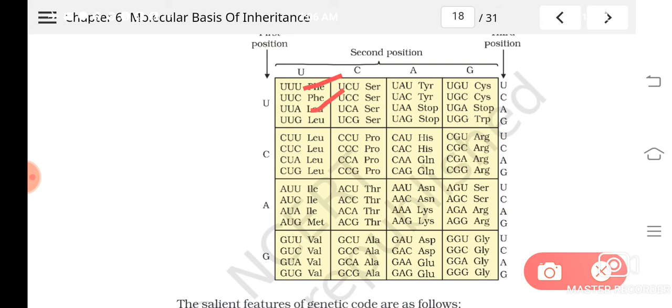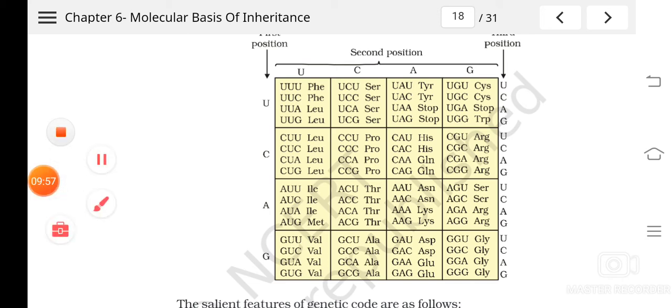You see, instead of U or C, if an A comes, then another amino acid will be coded. So if any small change happens, in this way mutation takes place. Instead of phenylalanine, leucine will be added. UUG is also leucine. Understood? You can look at all of this and understand which amino acids are coded.